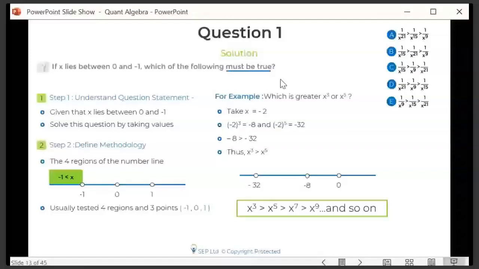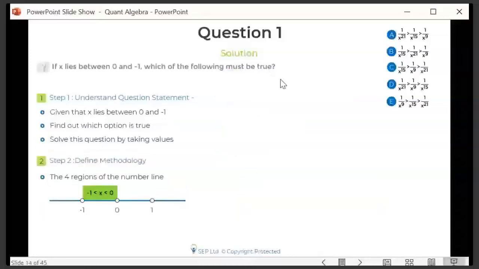I'm just taking one other example very quickly. So for example, if I want to find out in the next region, say -1 to 0, here also you can do the same thing. Take x equal to -half. If I take x equal to -half, then (-half) whole cube is -1/8, and (-half) to the power 5 is -1/32.